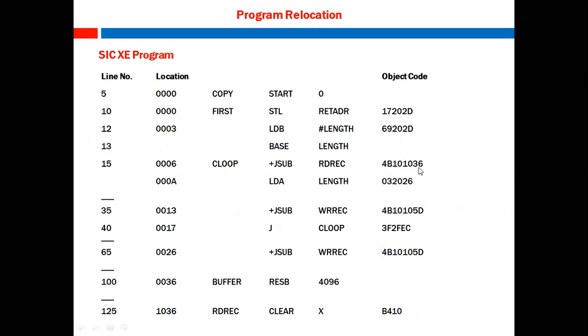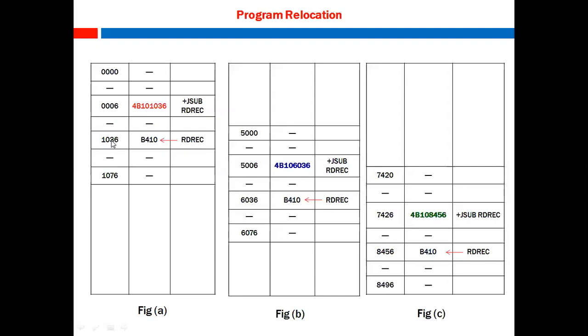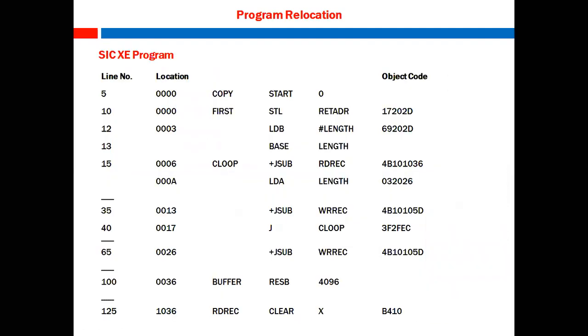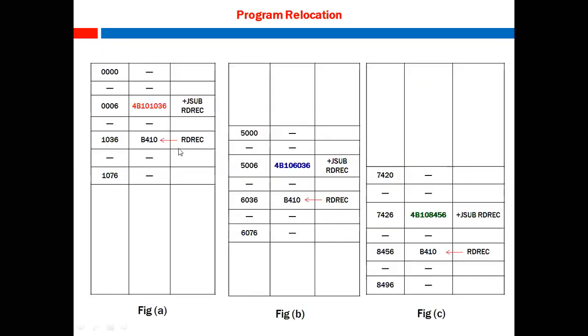That is why we wrote the object code as 1036. So at 1036 we have got RDREC, and its object code is B410, so we have written it as B410. And so this is one memory block for the given SIC/XE program.